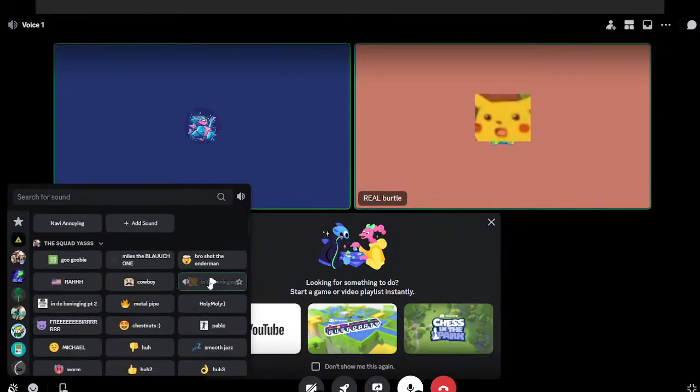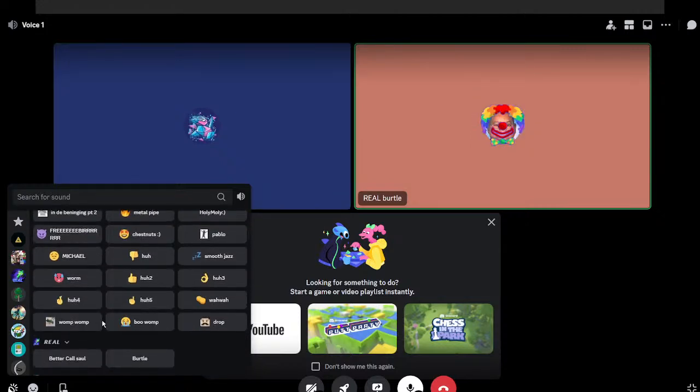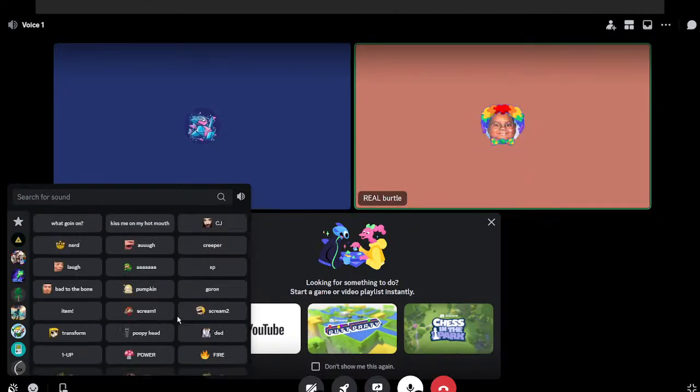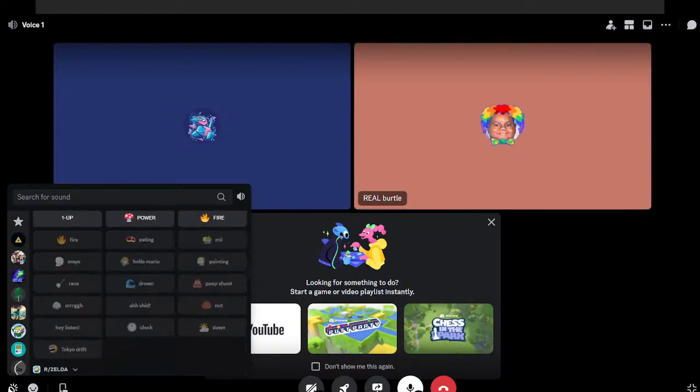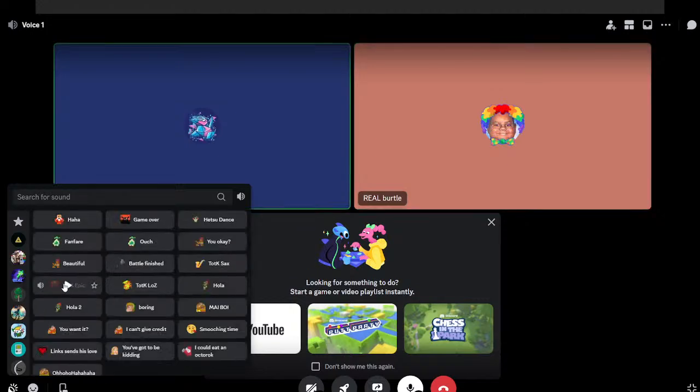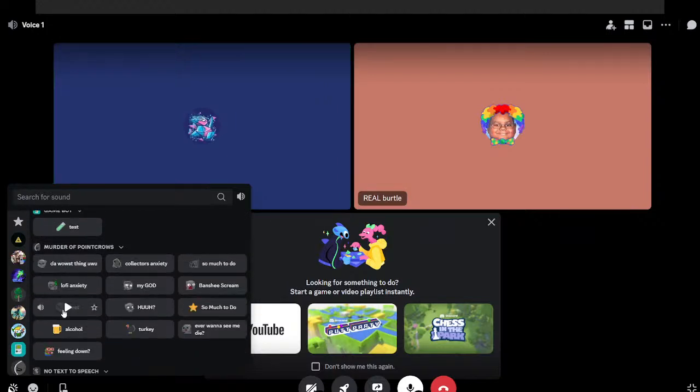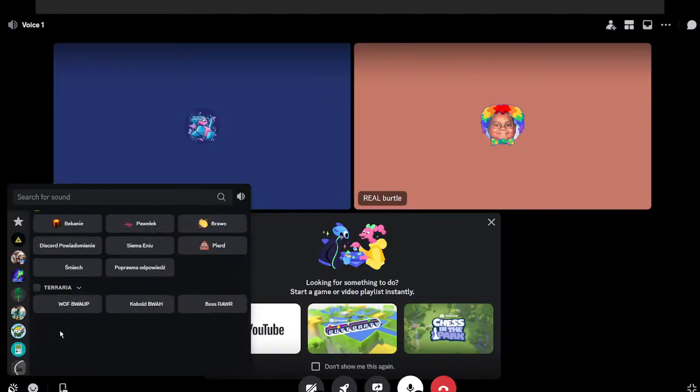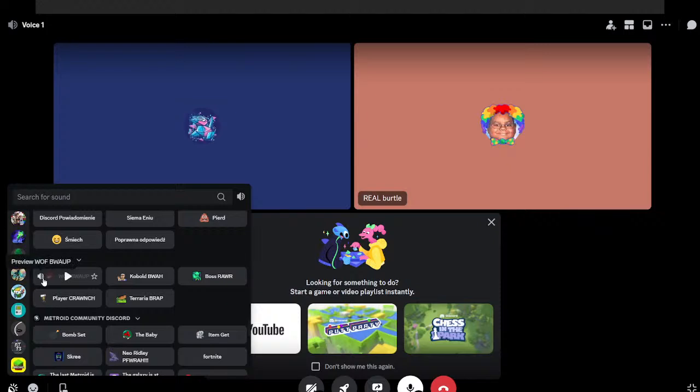The what button? In the beginning. I don't see a soundboard button. It's like a little horn. I don't see it. I see emoji. My god, we need alcohol. No soundboard.